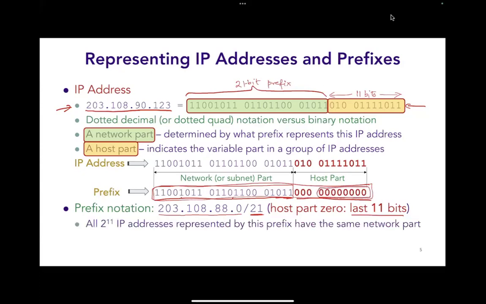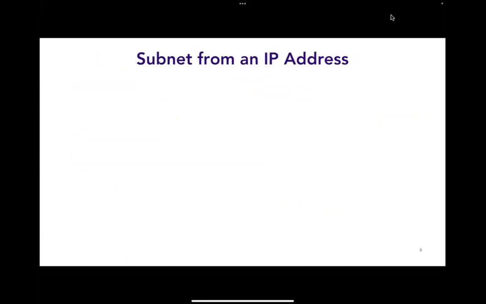Okay. So all the IP addresses covered by this prefix would be reachable by the same router. A router announcing this prefix should know how to reach all of those 2 to the power 11 IP addresses.